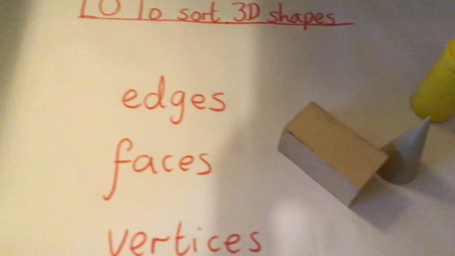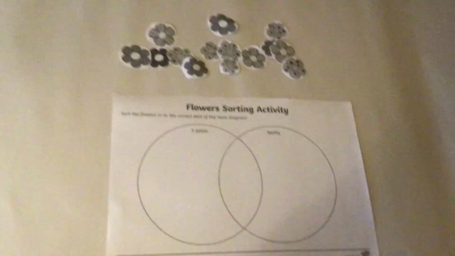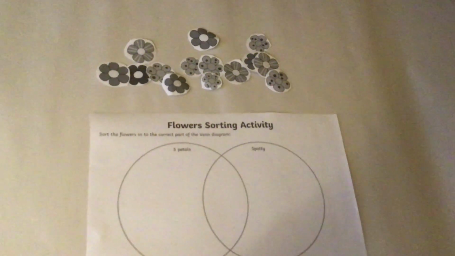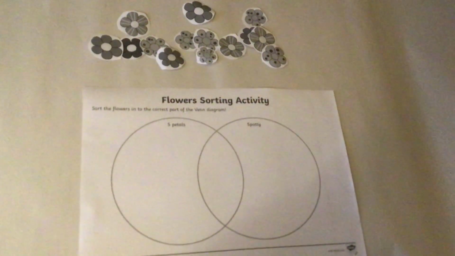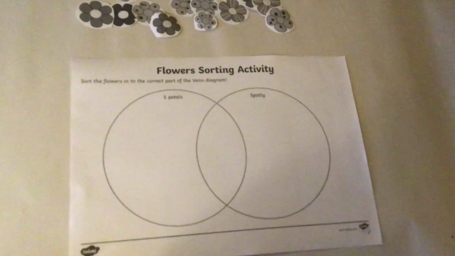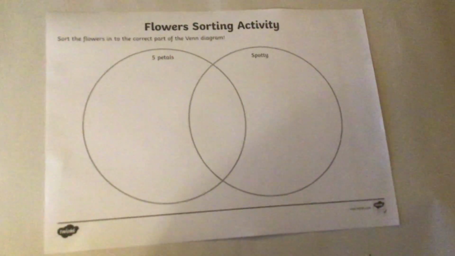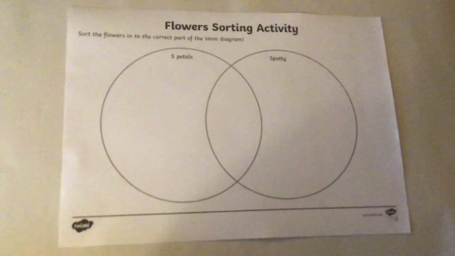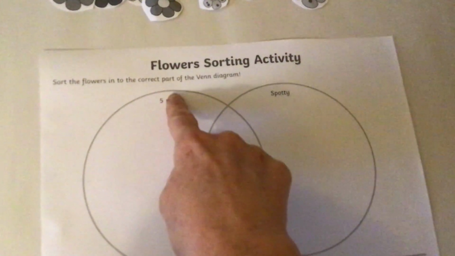Now, to sort the shapes today, you're going to use a Venn diagram. And I'm just going to show you how to use a Venn diagram first of all. And I'm going to do this with a simple activity to do with flowers. Now, Venn diagrams usually have a couple of circles like this, and they have criteria at the top.